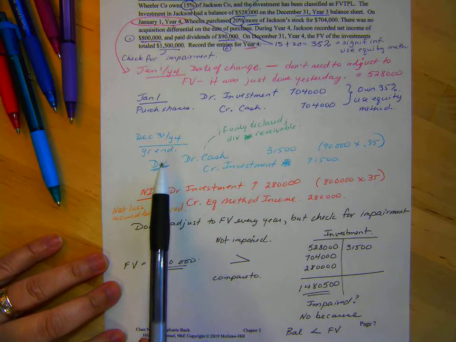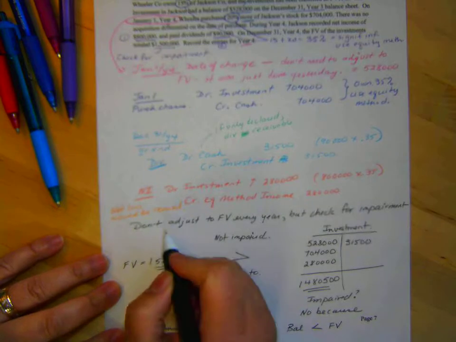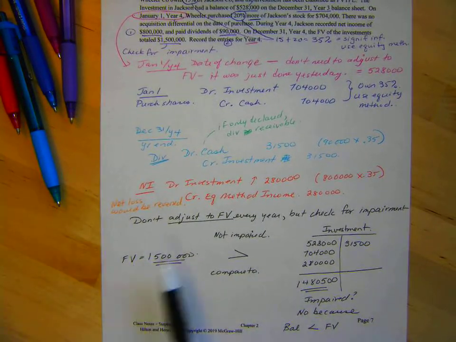Then we do dividends, net income. We do not do fair value. Now, you guys, just in questions, they will actually say, is it impaired or something like that? Otherwise, you can ignore it. Okay, so that was example 3, including a little bit of review about an impairment. So hopefully that made sense.